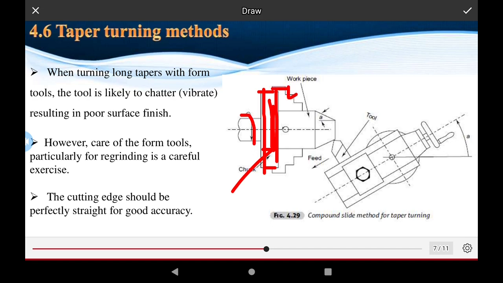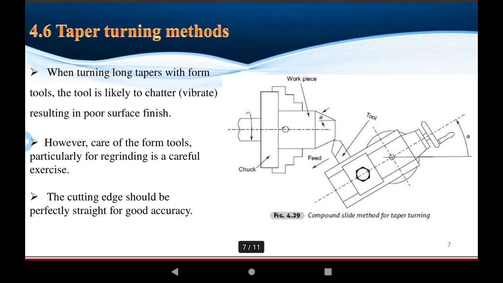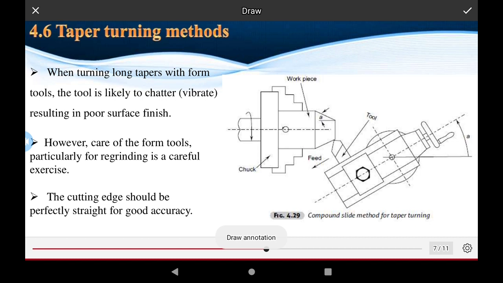The chuck also holds the job. This is the center line of the workpiece. Consider the feed rate, this is the feed rate selected in the program, and this is the taper angle of the workpiece.